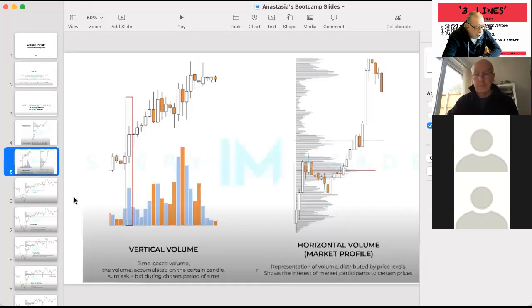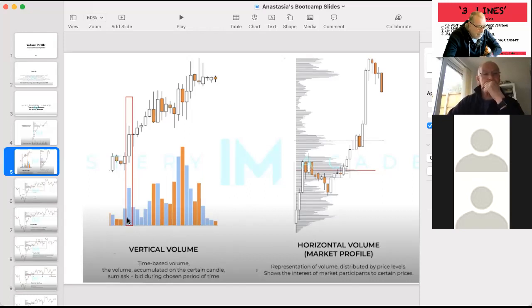showing you this one, which is we're talking about the horizontal volume. This is the volume profile that I talk about on all of my sessions. There are some very brief descriptions there explaining the difference between the vertical volume and the horizontal volume. Basically, the vertical volume is time-based.